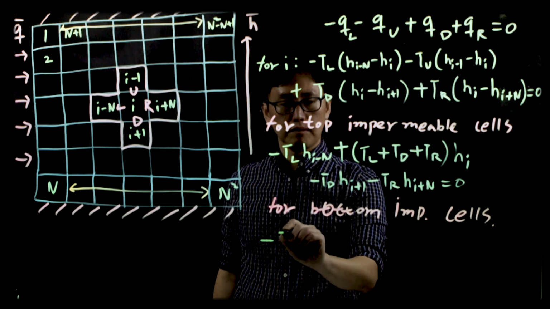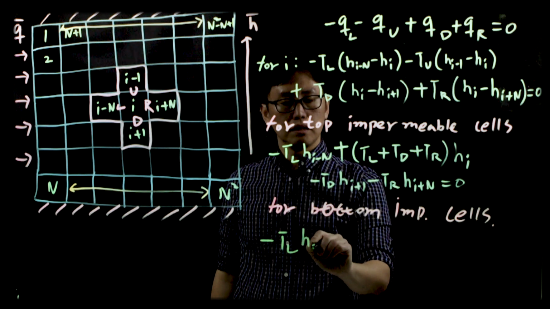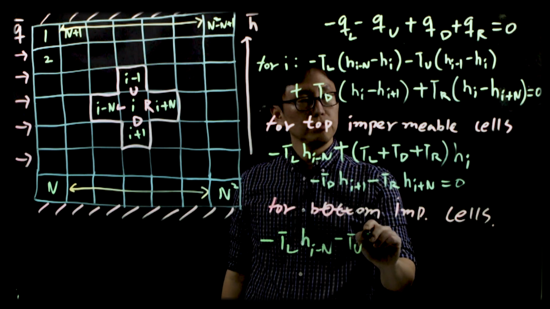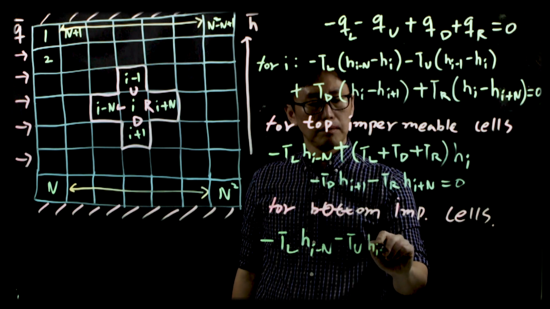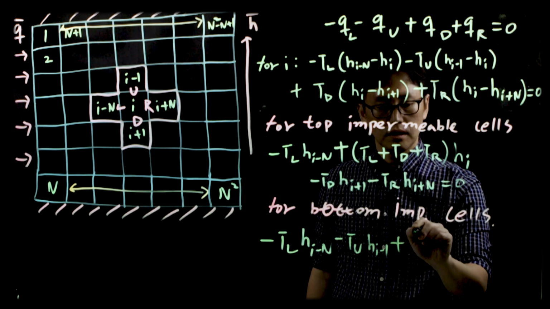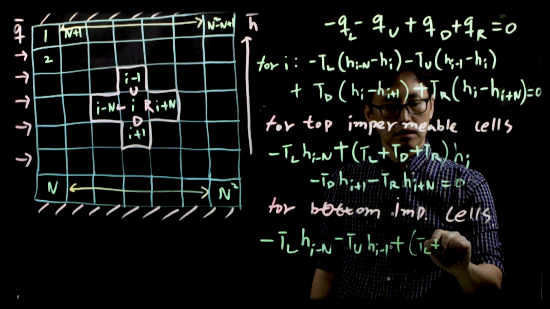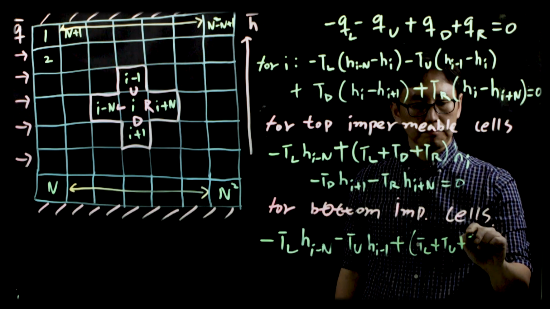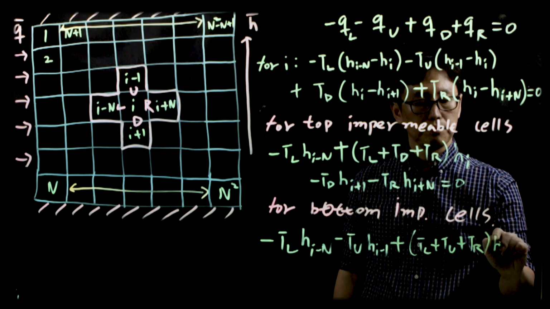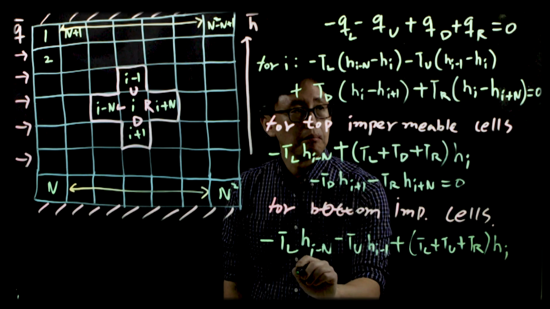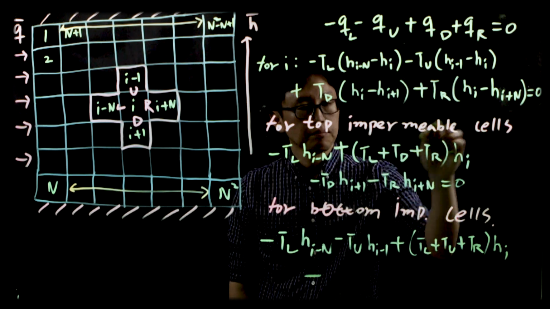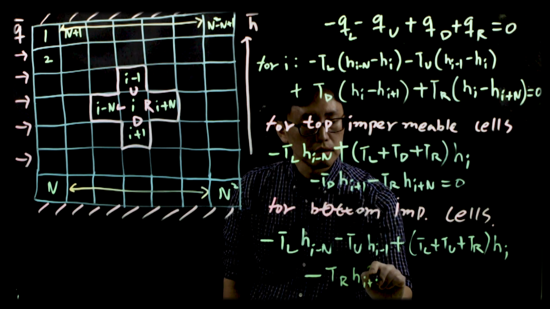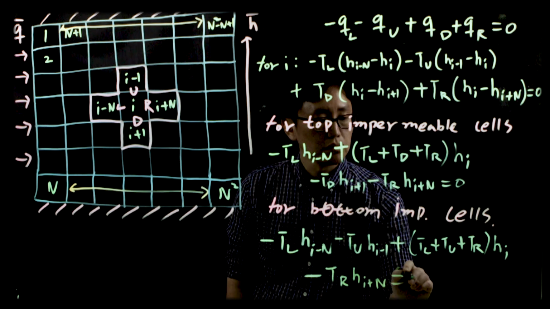So we have minus TL HI minus N minus TU HI minus 1 plus TL plus TU plus TL times HI, minus this term TL HI plus N is equal to 0.